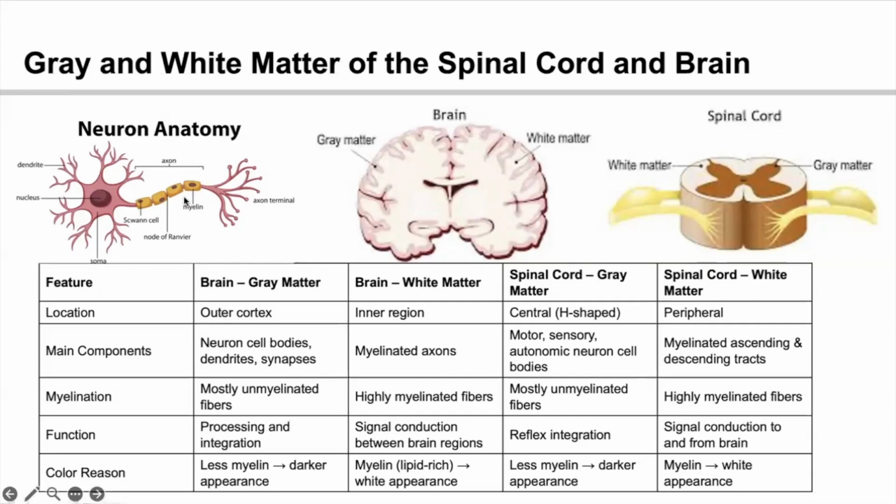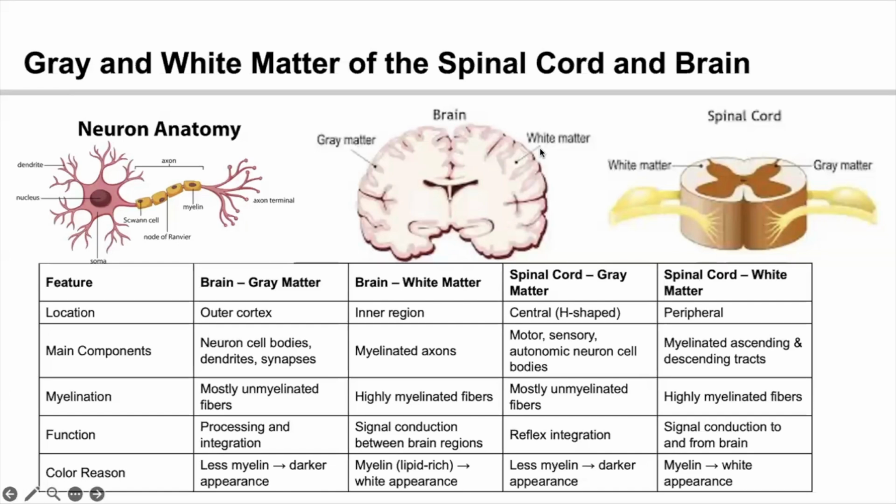The places in the CNS where there are myelinated neurons give a white appearance, and we call it white matter. The regions where there are more unmyelinated neurons, we call gray matter.